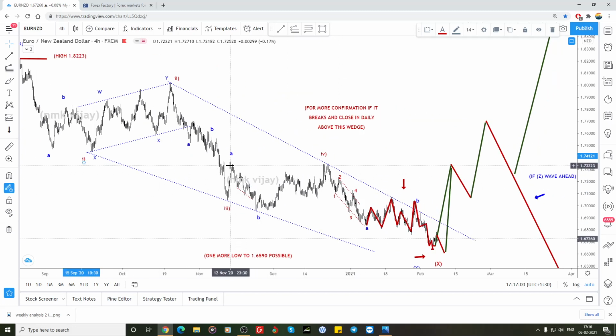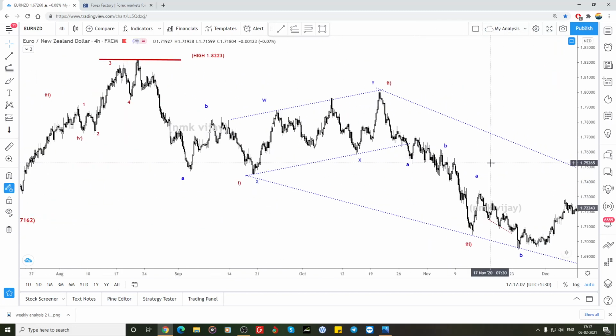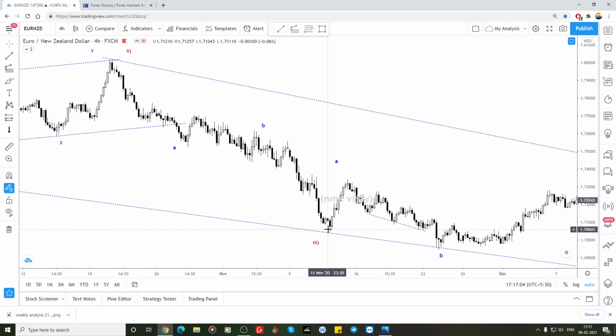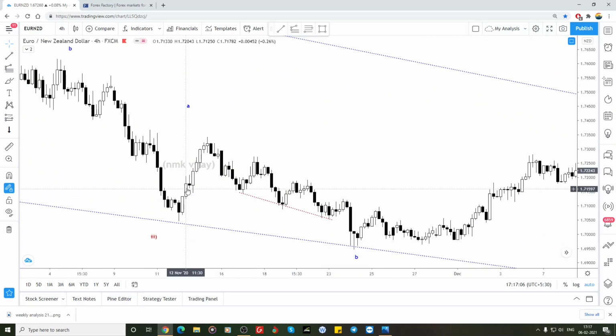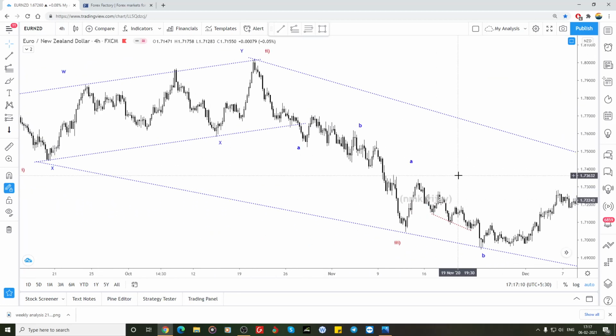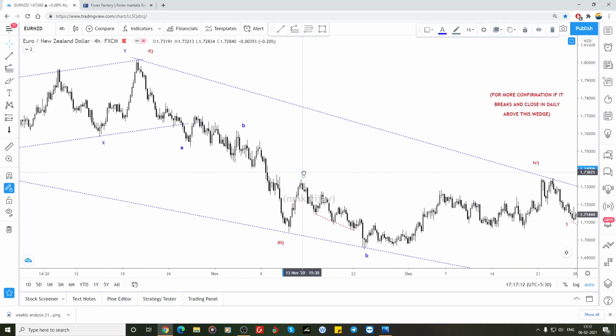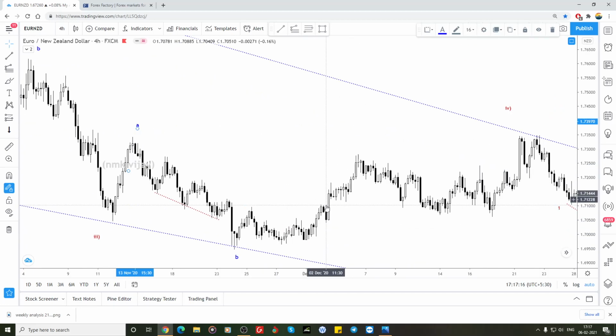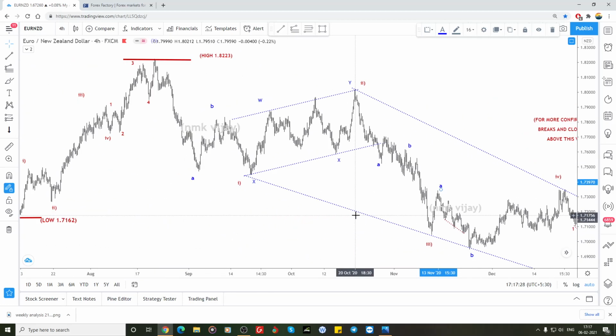Sometimes it looks like a fourth wave, but I'm not saying this is a perfect five-wave structure. I showed you several times. So if this is a fourth wave, this is the end of that fifth, because here it's also not satisfying the five-wave structure. See, these are 1 2 3 4 5. So how will it be 1 2 3 4 5? So where is the next bottom? I'm not so satisfied with that.